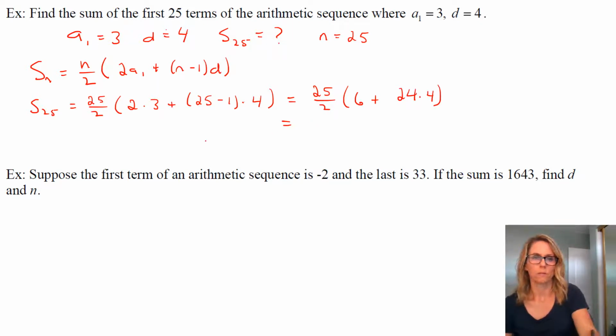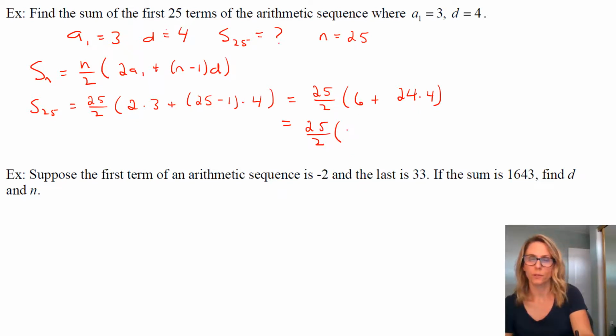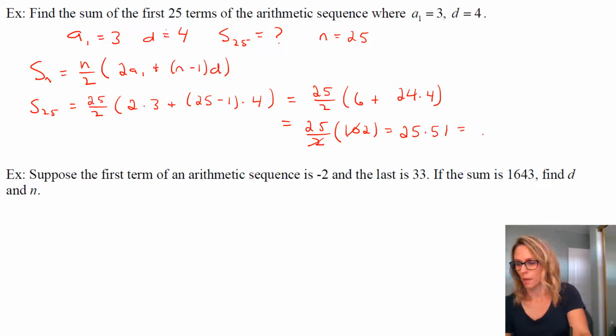So we have 25 over 2 times, so 24 times 4 is 96. 96 plus 6 is 102. And we can actually simplify here to have 25 times 51. And 25 times 51 is 1275.